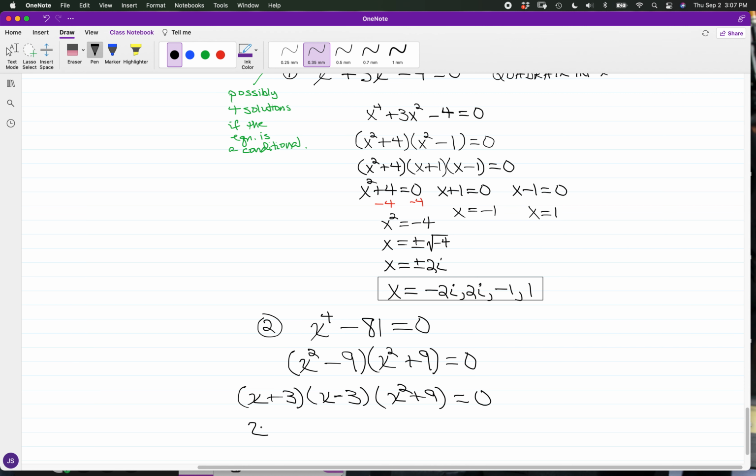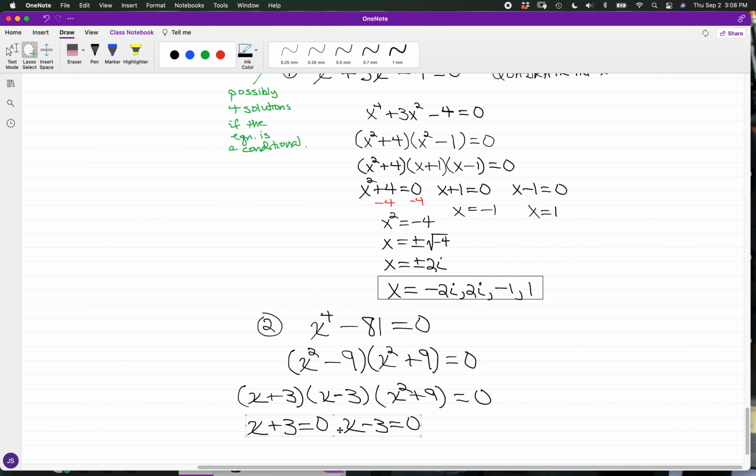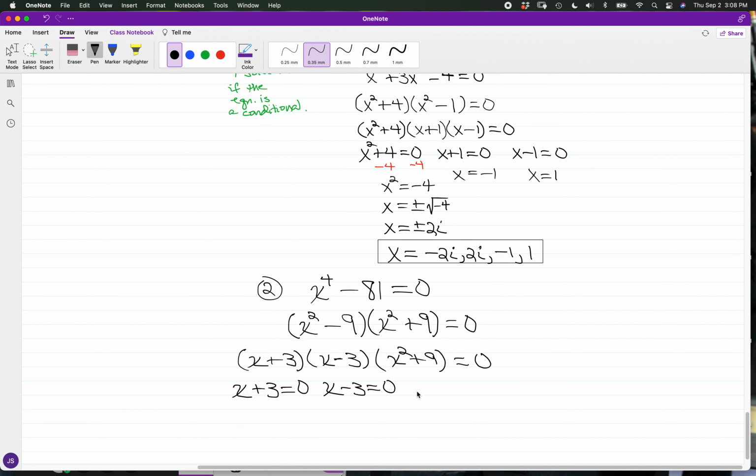And now looking at the zero product property at this stage, you have x plus 3 is equal to 0, we have x minus 3 is equal to 0, also you have x squared plus 9 is equal to 0.